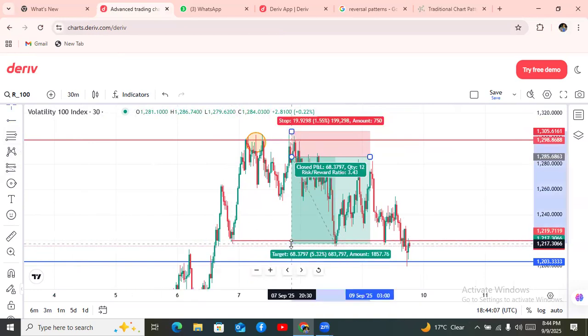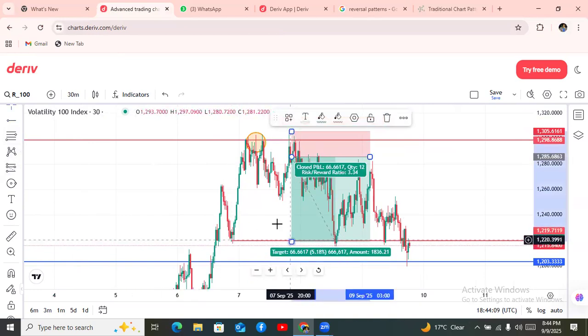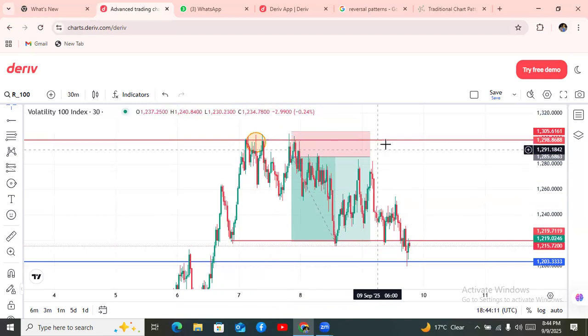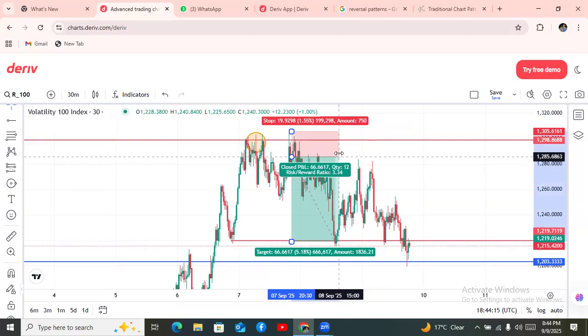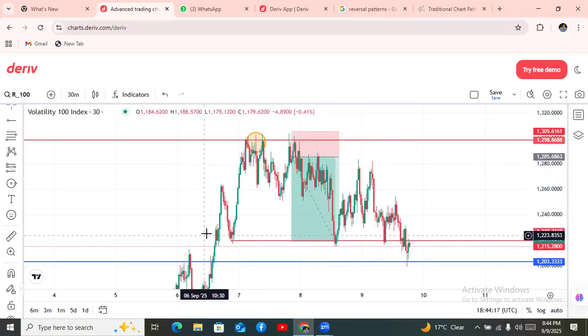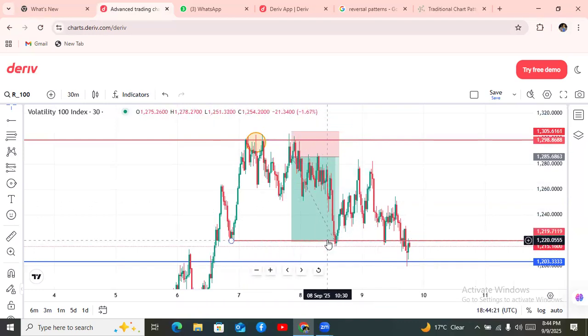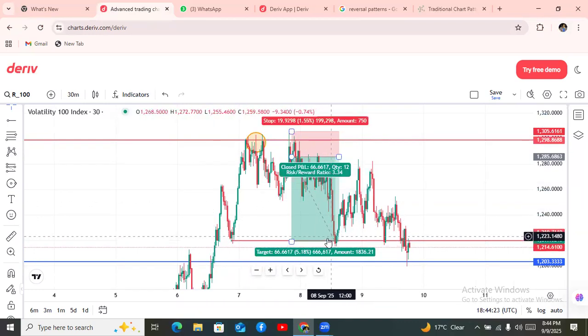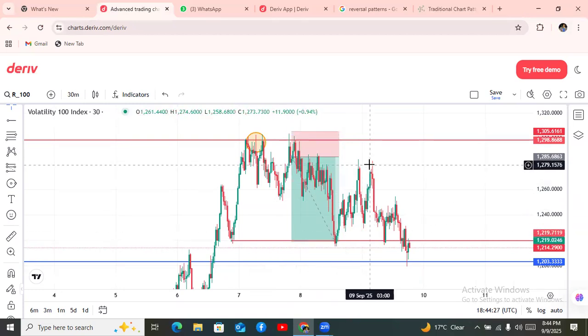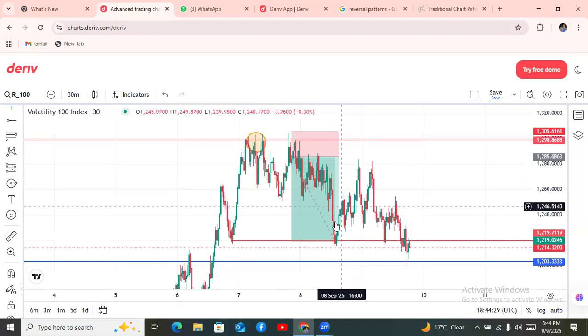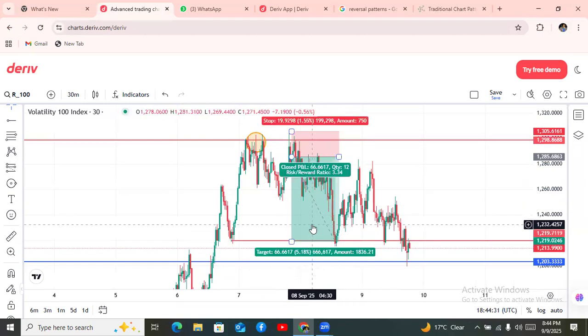This is the ideal place to put our second take profit. And you see what happened. The market came to this level. After it came to that level, it went back again. So we would have taken profit.